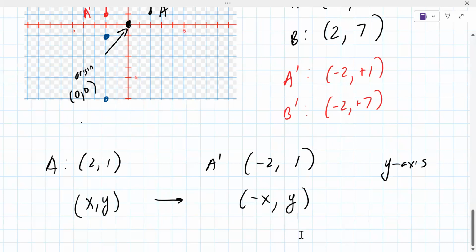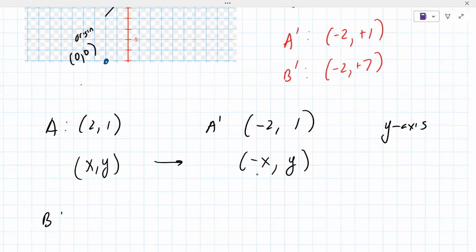Yes, the y stayed the same. So now we can see, does it work for the other ordered pair? Does this other ordered pair have the same rule? Yes.